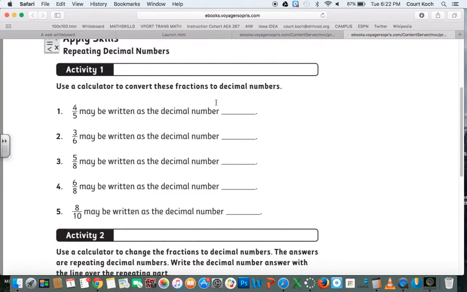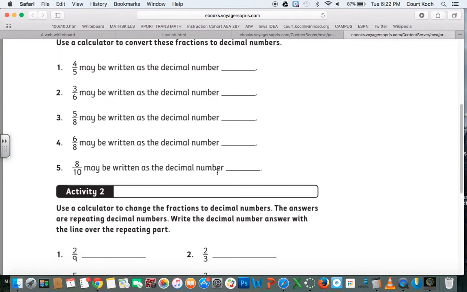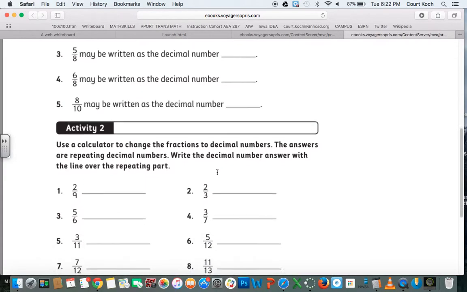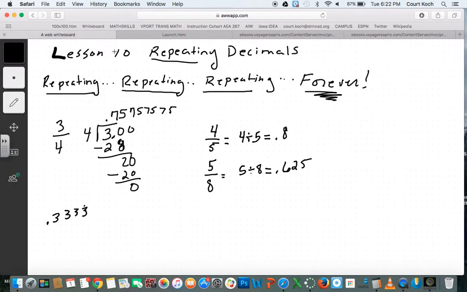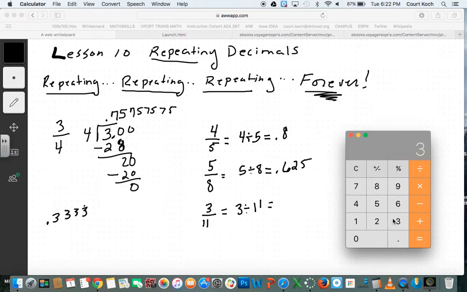I'm going to have to get tricky on you guys. Alright, let's do this problem: 3/11. 3 divided by 11. This one I know. This isn't going to be pretty.